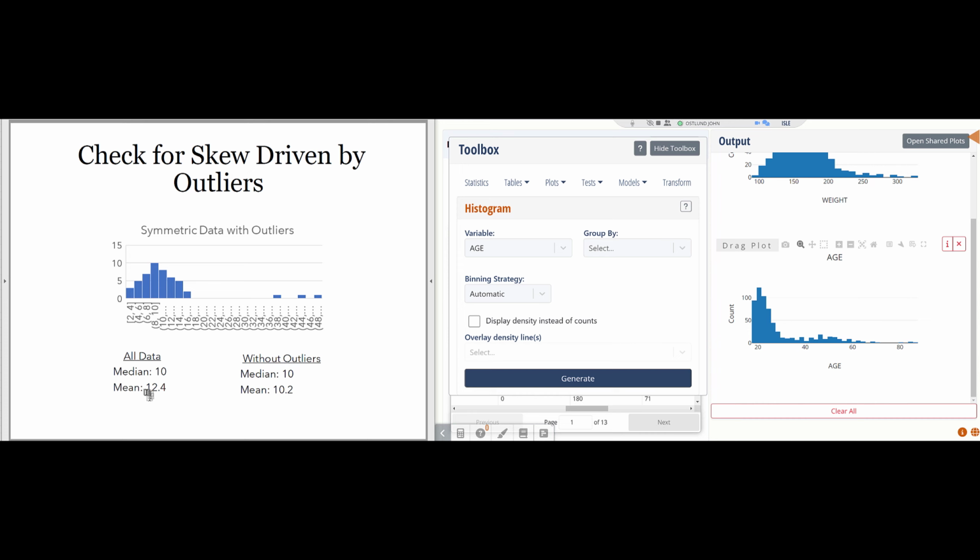And our mean value is 12.4. So the mean value is 24% higher than the median in this case because of inclusion of these outliers. If we eliminate the outliers, then the mean and the median are quite a bit closer to each other.